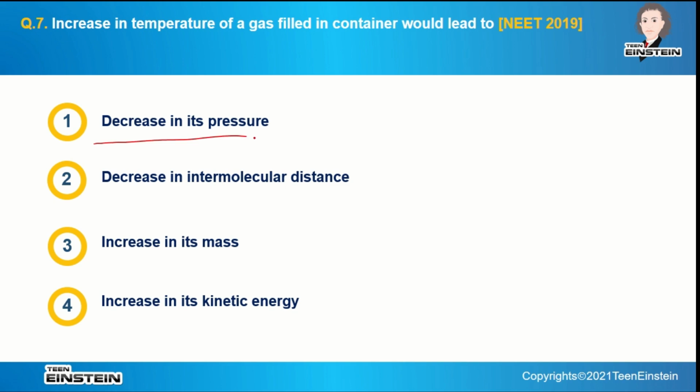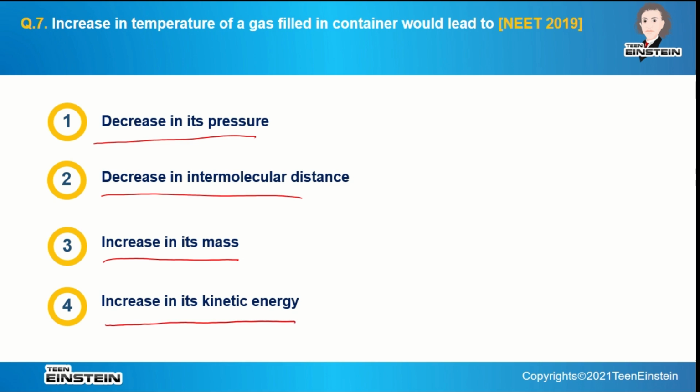So this option, decrease, is wrong. And the intermolecular distance will start moving out, so it will not decrease, which is also wrong. The mass will not be affected by the temperature, and the mass is not going to affect the gas molecules, so increase in mass is wrong. The only option is increase in its kinetic energy.